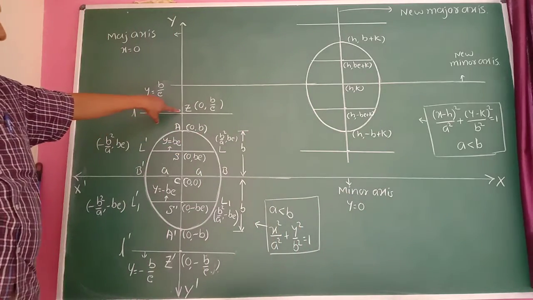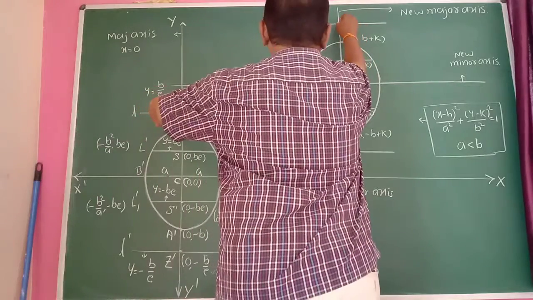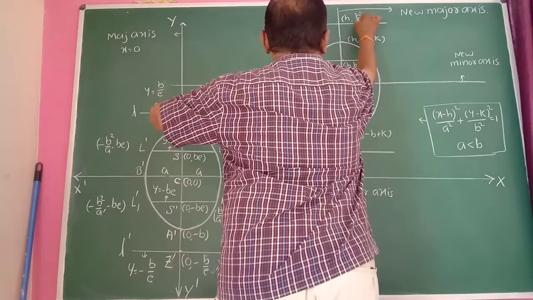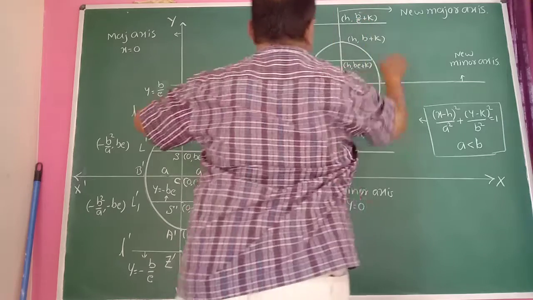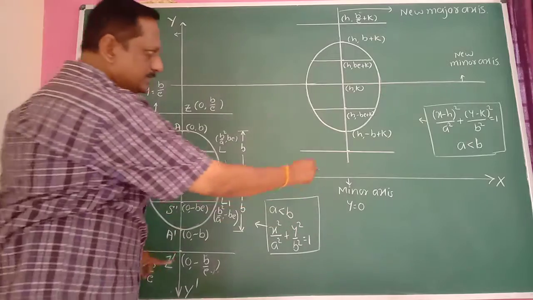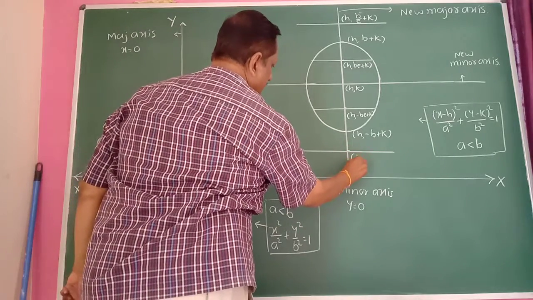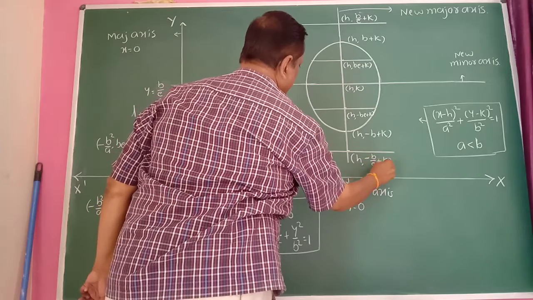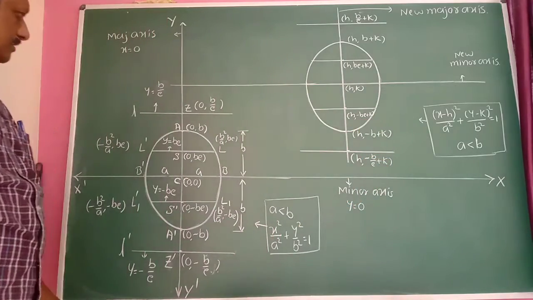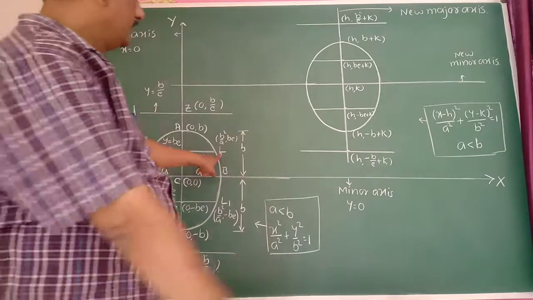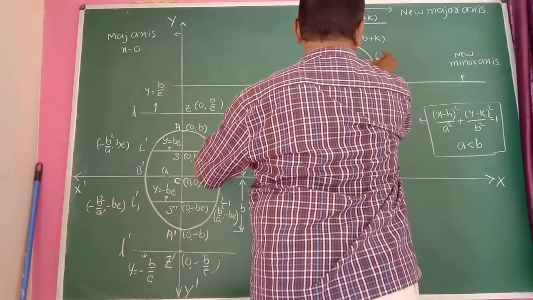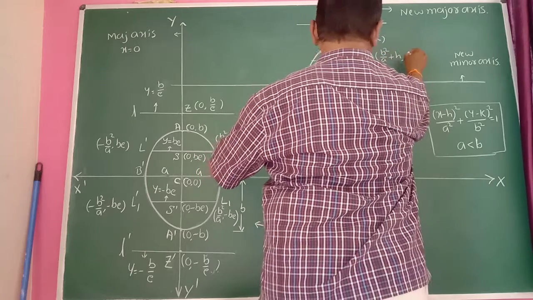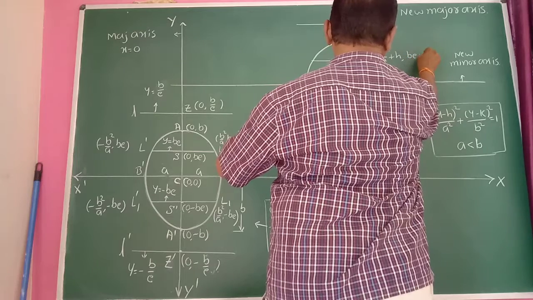The coordinate of this point z is h comma b upon e plus k, and the coordinate of this point is h comma minus b upon e plus k. Then the coordinate of L becomes b square upon a plus h comma be plus k.